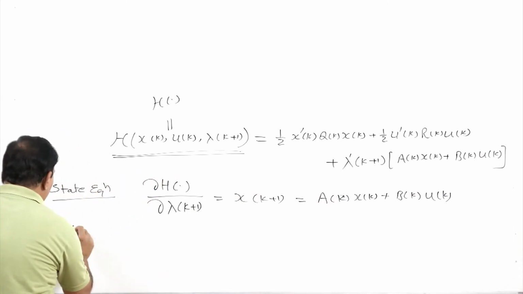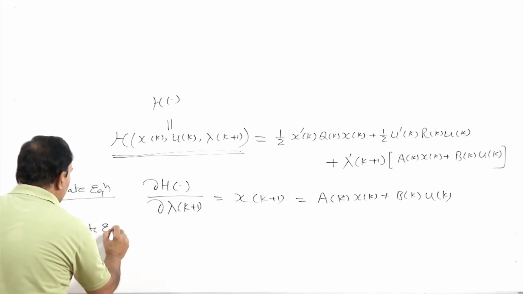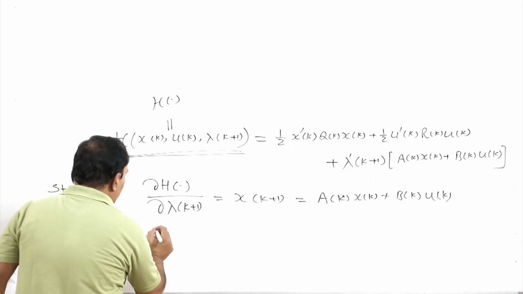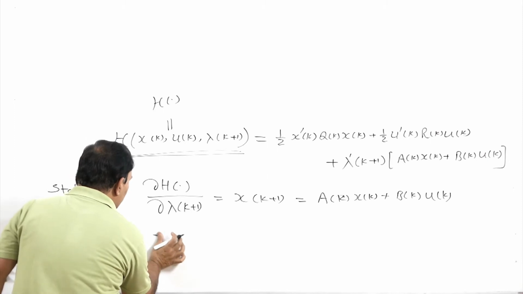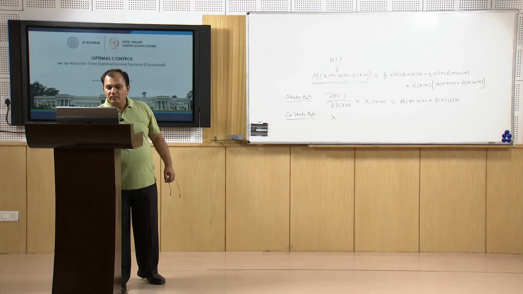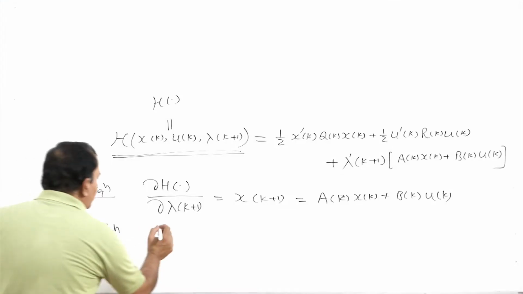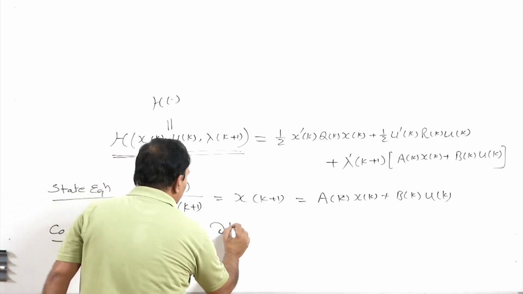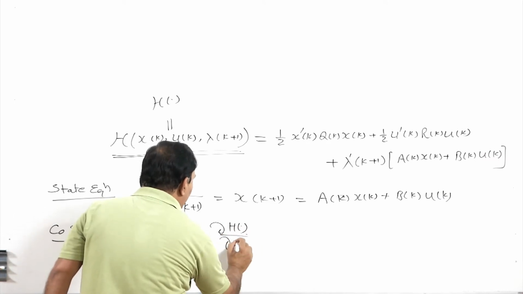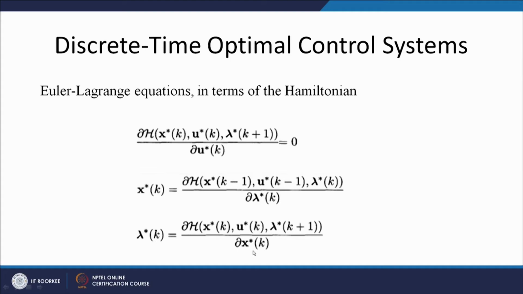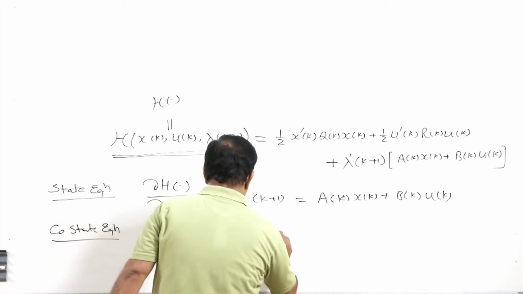Now the co-state equation, how do I get it? My co-state equation is lambda star k, which is nothing but my del H by del x of k. So, with respect to x k I have to differentiate.